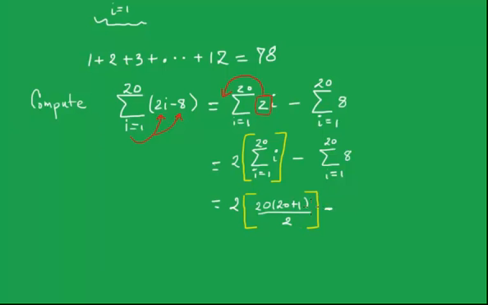now this is also sort of a formula. Here we don't have any counter, we don't have any i in there. We just have a constant 8, and we count from 1 to 20. So when you have that constant, you just have to multiply that constant by n. So this is equal to 8 times n, and here n is 20.